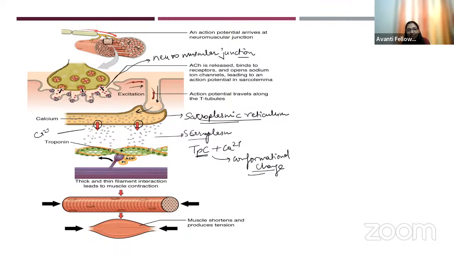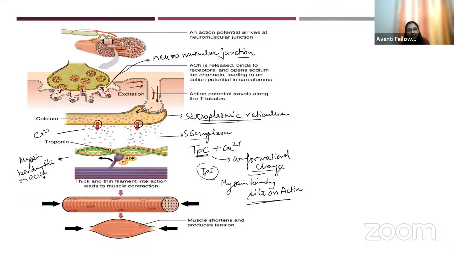Because of the conformation change, the TPI, remember, which is inhibiting the interaction between the actin and the myosin, now slides down, because of which the tropomyosin also gets loosened and the myosin binding site on actin gets exposed.